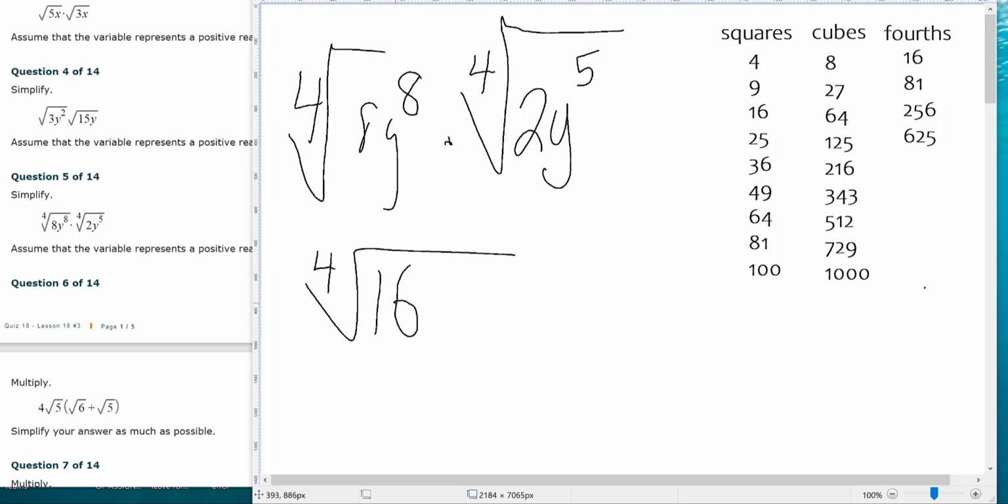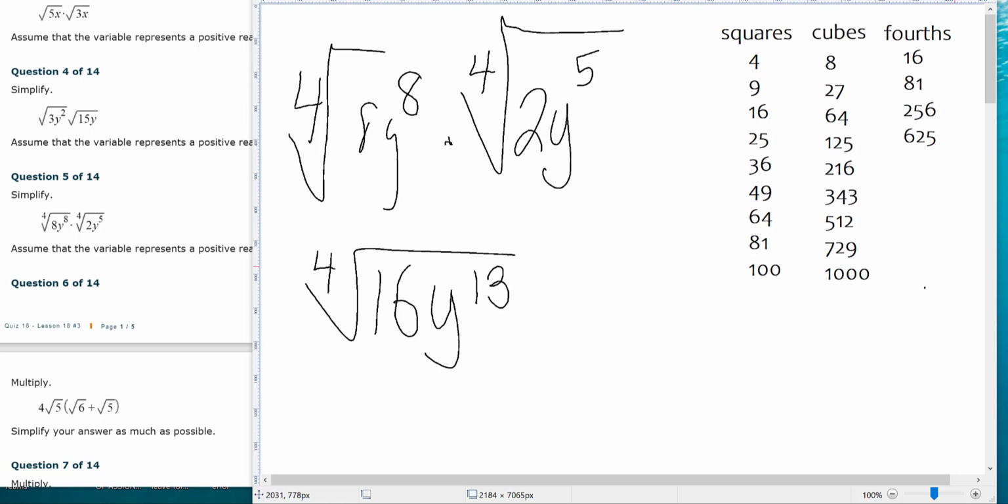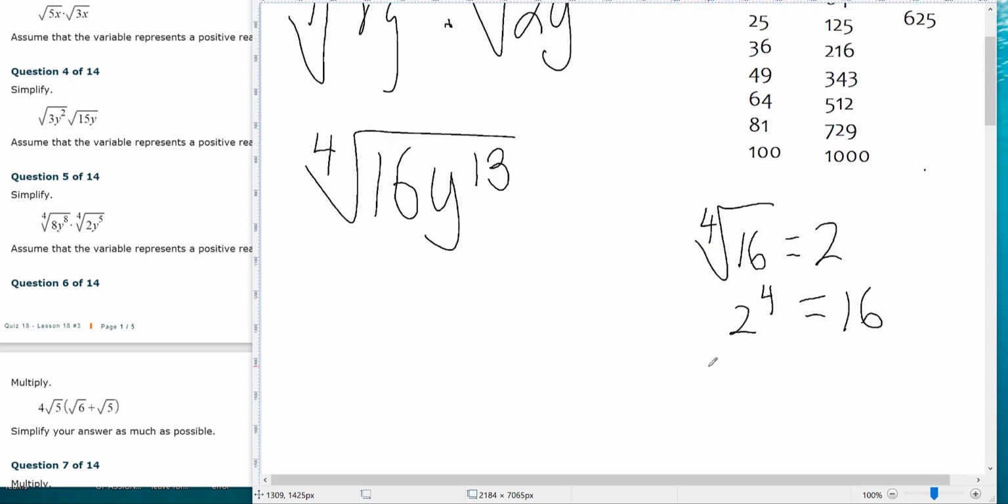Y to the 8th times y to the 5th is y to the 13th, because when you multiply, you add your exponents. Now, this time I need to be looking at my fourths, and my fourths are over here, and I see that 16 is in my list. The fourth root of 16 is 2. If you raise 2 to the fourth, you get 16. That means the fourth root of 16 is 2. So that's going to come out as a 2.